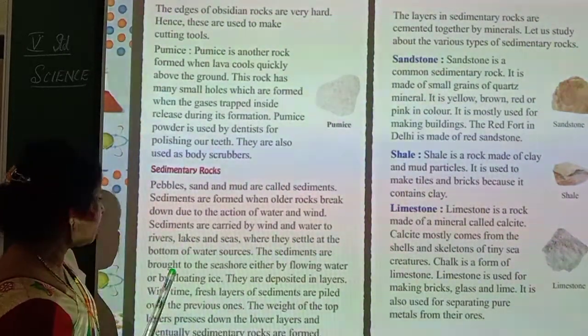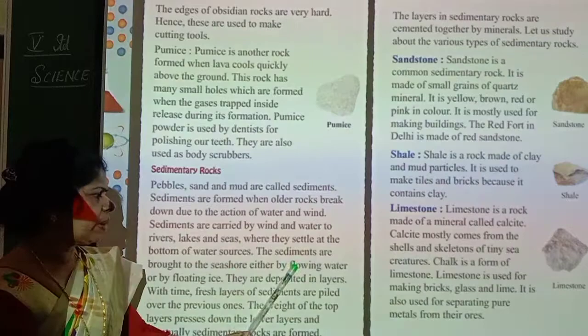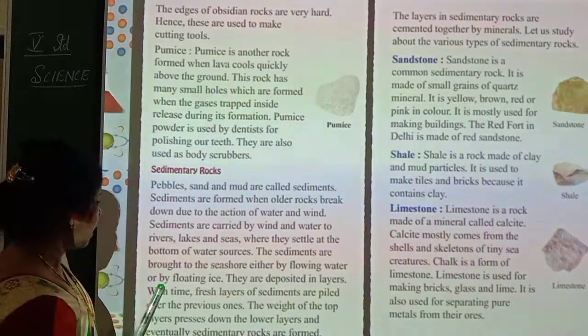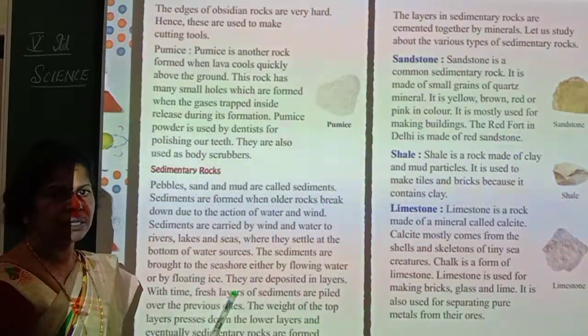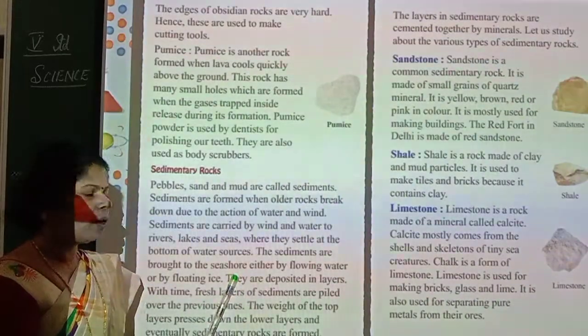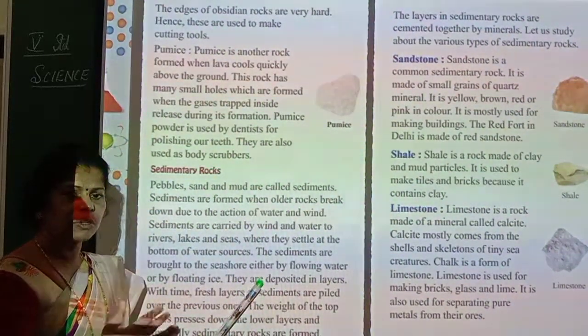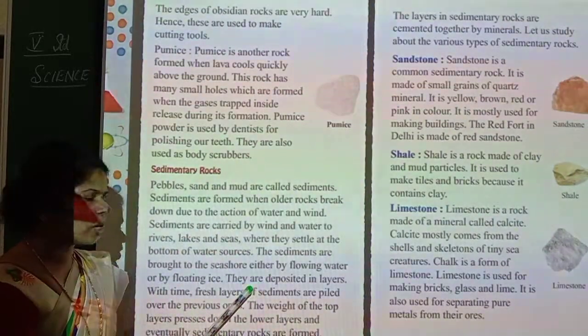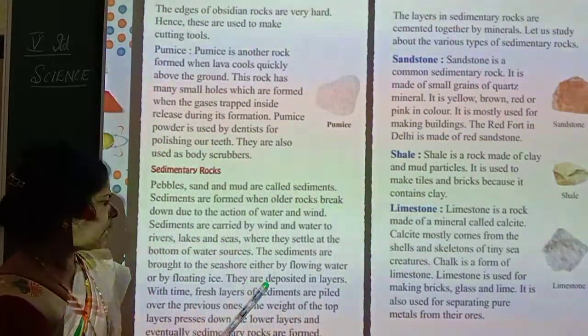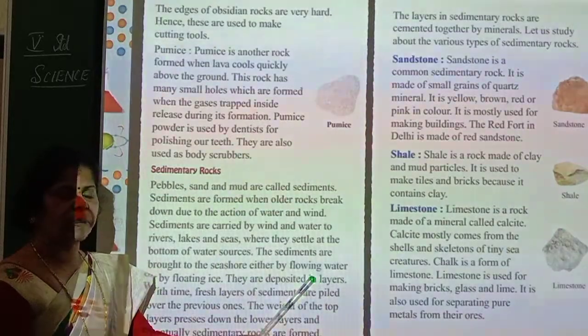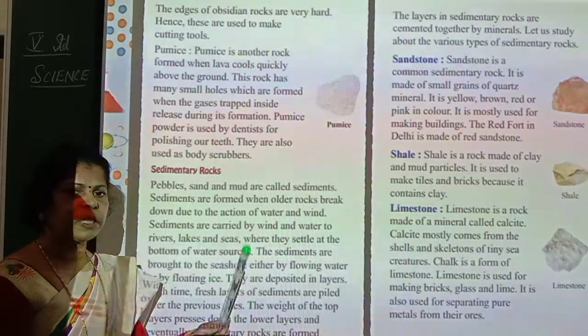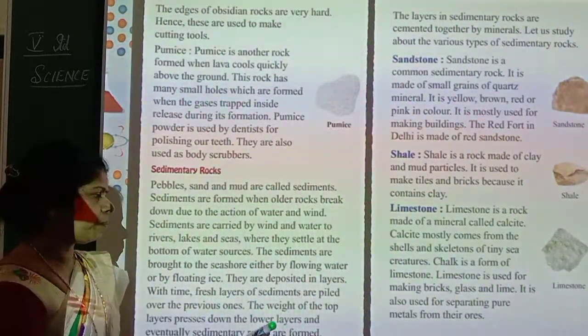The sediments are brought to the seashore either by flowing water or by floating ice, big blocks of ice. When they move, they carry these sediments along with them. They are deposited in layers. After coming to the seashore, they are deposited in layer form.